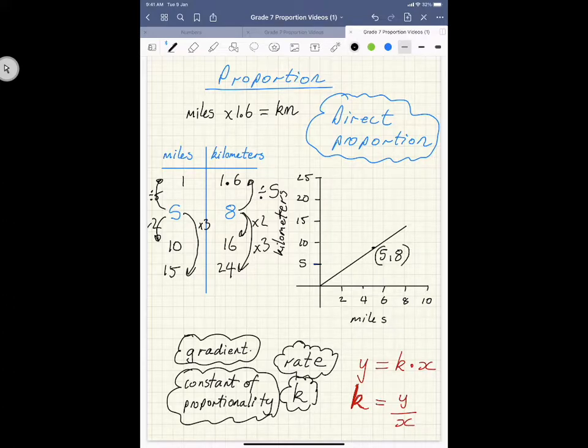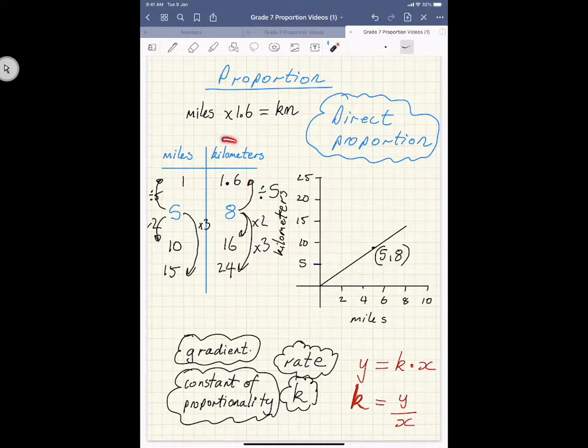Now watch the magic of the calculator. If we do 8 divided by 5, strangely, 1.6. What if we do 16 divided by 10? 1.6. What if we do 24 divided by 15? 1.6. What if we do 1.6 divided by 1?